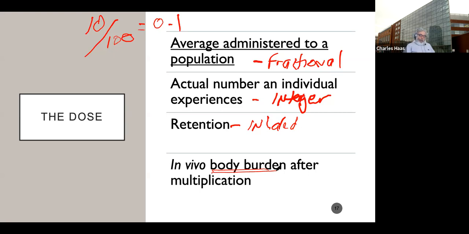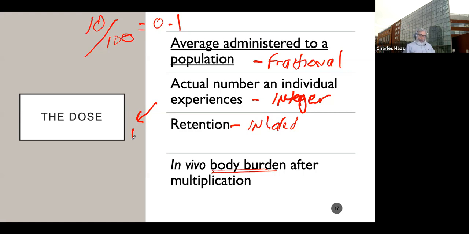So let's say even one organism is inhaled. Some fraction of people who inhale and retain one organism will have a situation where the one organism completely dies with no adverse consequence.